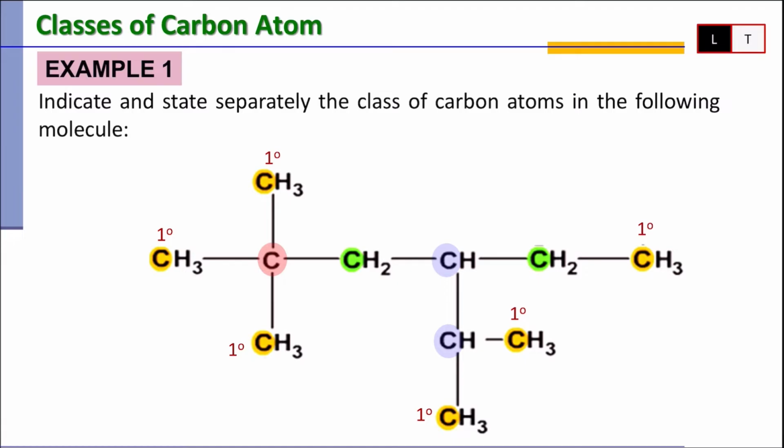Next one, kalau warna hijau. Warna hijau, for this one dia bonded kepada 2 carbon. So dia secondary carbon. Same goes for this one, secondary carbon, sebab dia bonded kepada purple dan juga kuning. And then, mari kita tengok warna purple pula. This one, you can see that it bonded to 3 green carbons and 1 purple carbon. So it has 3 carbons bonded to this one.